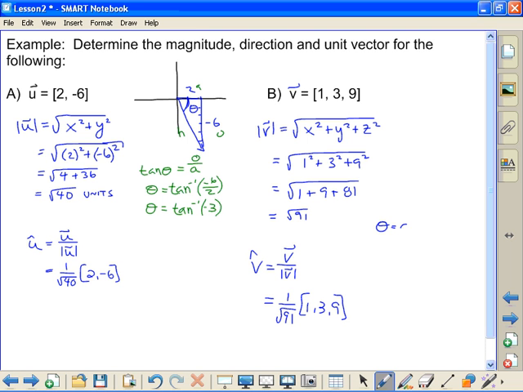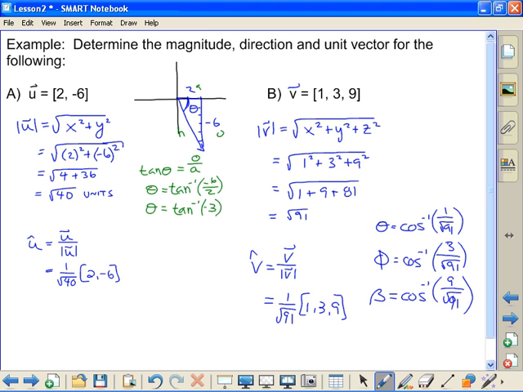So with the x-axis, it's going to be cosine inverse of 1, the x value, divided by the magnitude, root 91. For the y-axis, it's going to be the cos inverse of 3 over root 91. And the last one, beta, cos inverse of 9 over root 91.